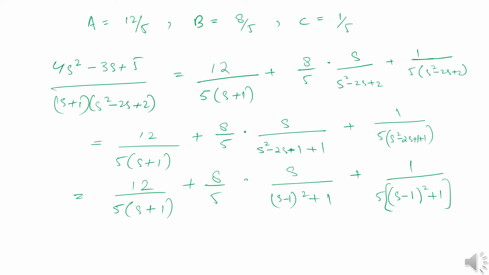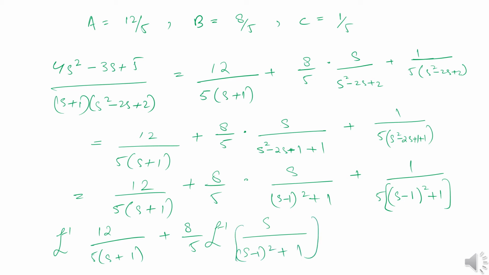When I apply the inverse transform on this function, I can write it as Laplace inverse transform of 12 over 5 multiplied by s plus 1, plus 8 over 5 Laplace inverse transform of s over s minus 1 whole squared plus 1, and then the Laplace inverse transform of 1 over s minus 1 whole squared plus 1. Now it's a lot easier, in its simplified form.